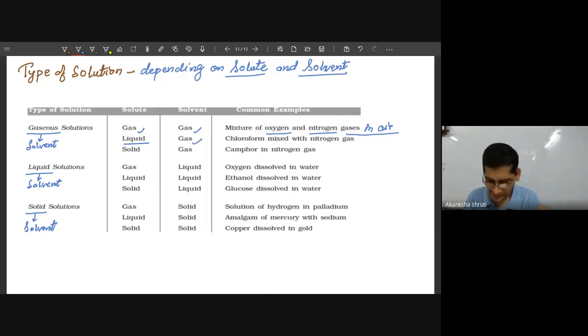When liquid is present in gas, gas is the solvent, it is in larger amount, so the phase of the solution will be the same as that of the gas, because some of the water particles are just suspended. So water vapor is present in air. That is the example of this.